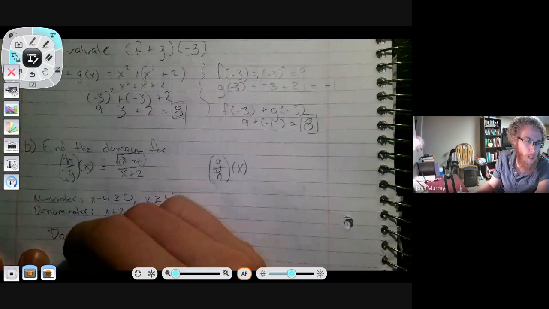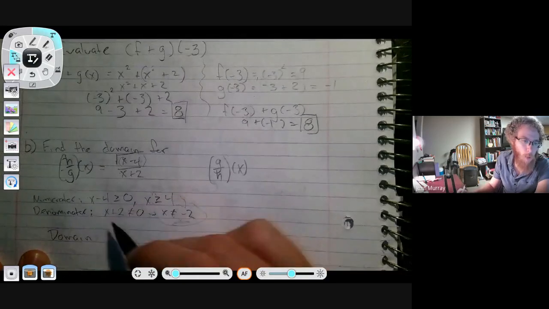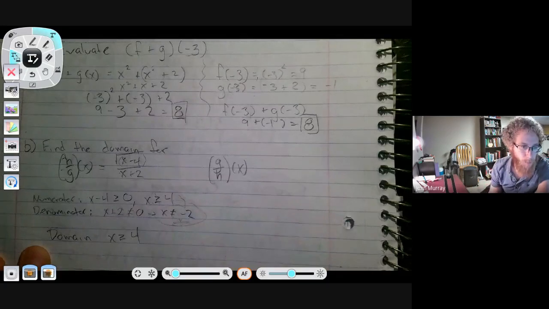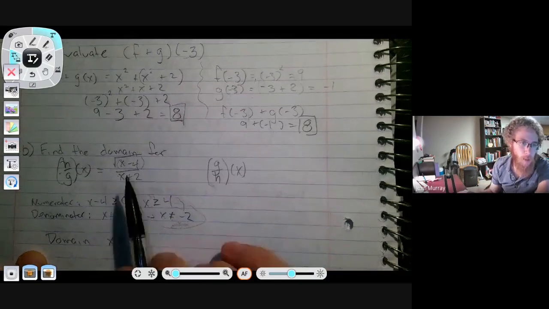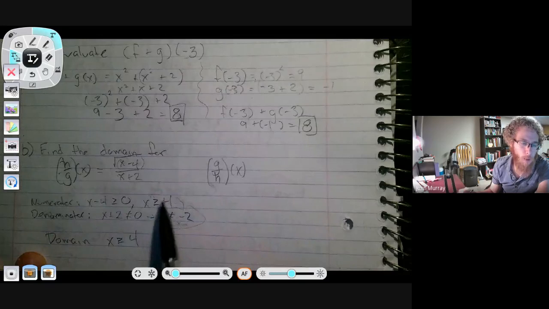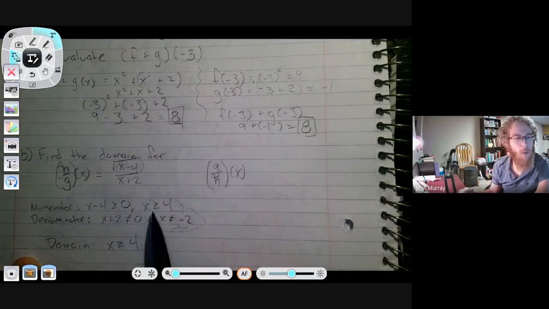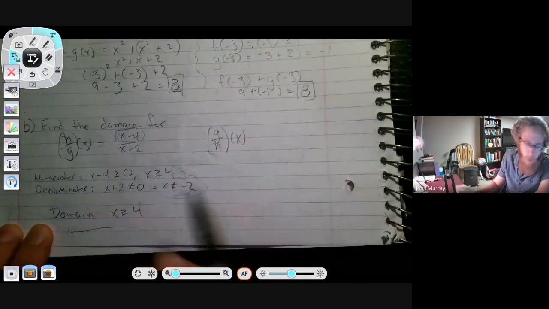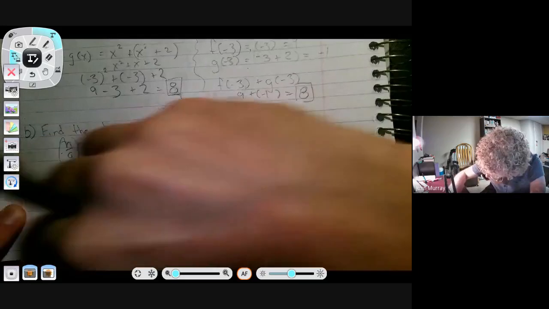So we would say the domain is, we just have to worry about x is greater than or equal to 4. If I had this switched and this was negative 4, well, then this would come into play because that would fall in here. Again, let me show you on a number line.